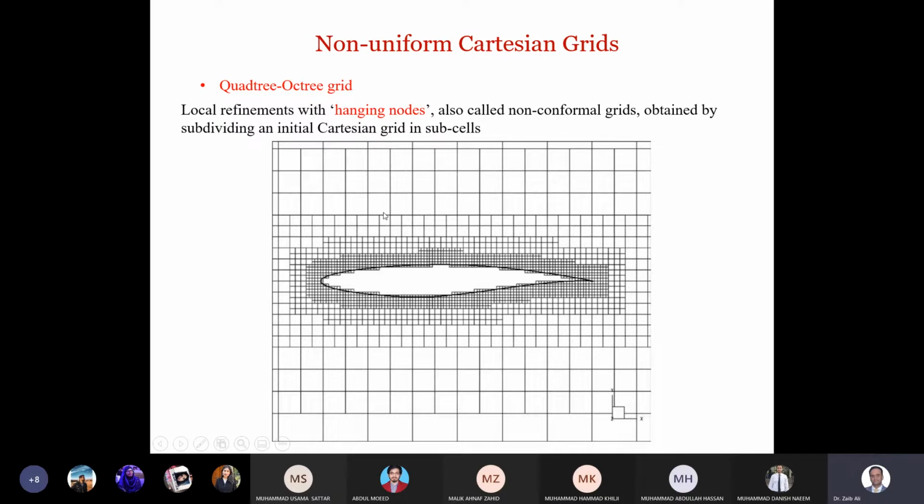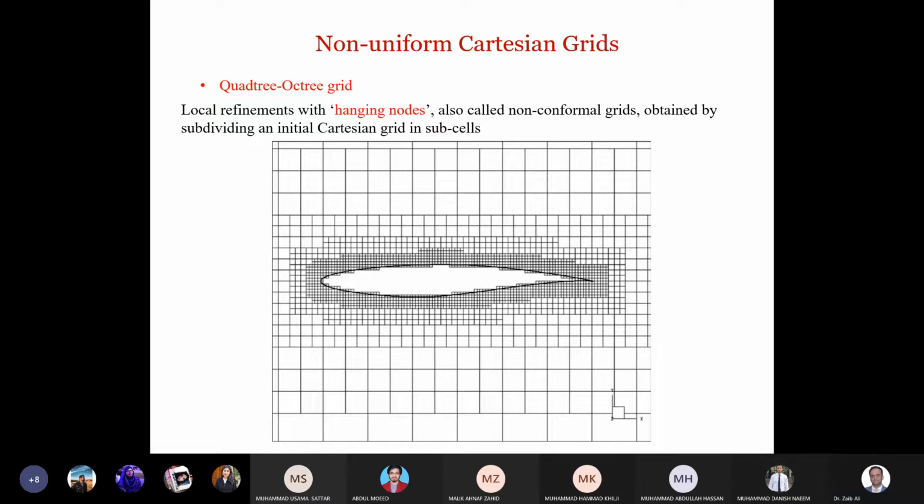And normally your flow solvers are written to avoid these hanging nodes. Normally you have this one-to-one matching of the nodes. But in order to cater for hanging nodes, you have to have a provision in your flow solver.